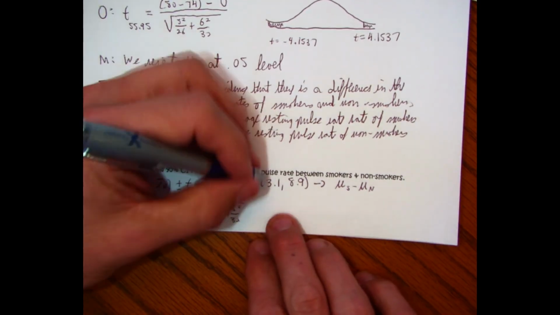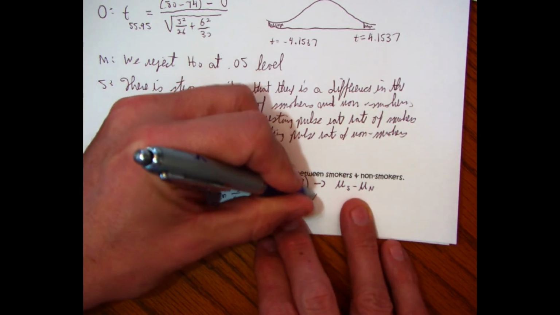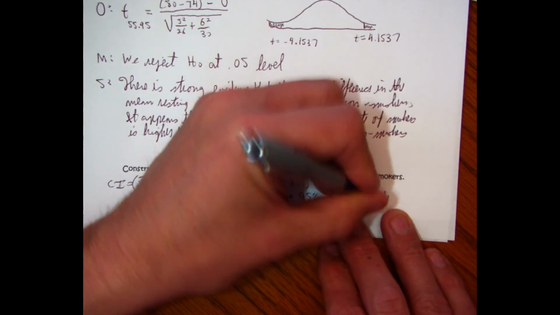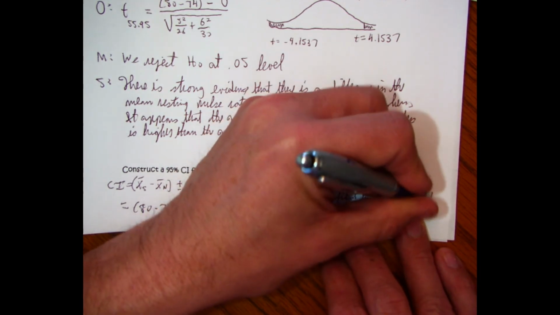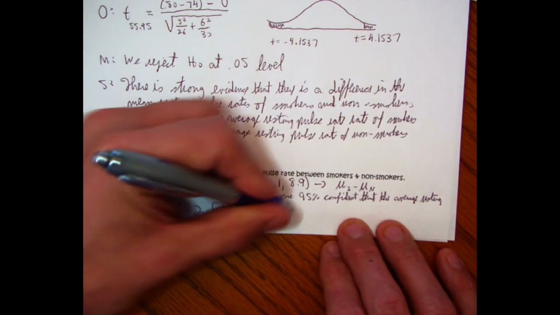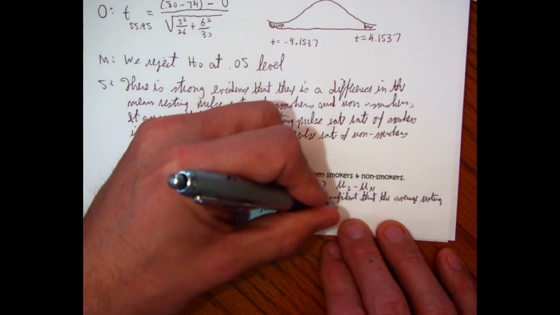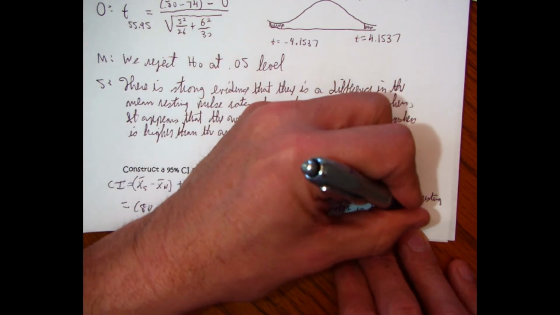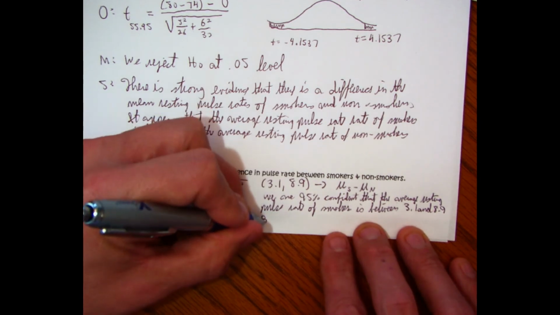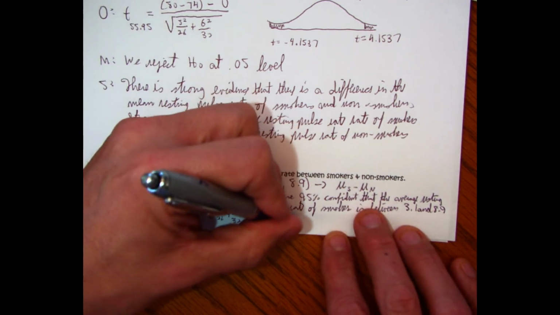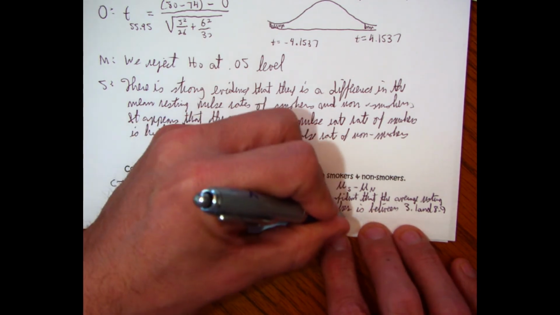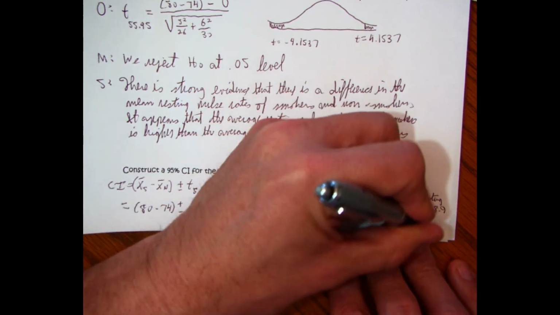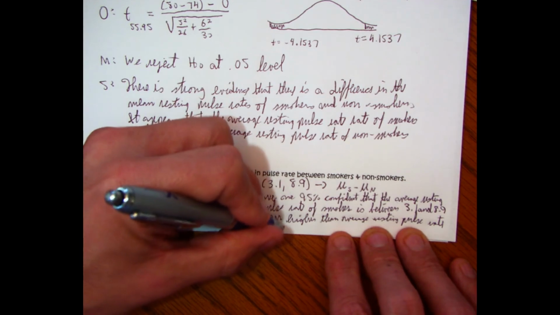So we are 95% confident that the average resting pulse rate of smokers, because that's who was in S1, is between 3.1 and 8.9 beats per minute, higher than the average resting pulse rate of non-smokers.